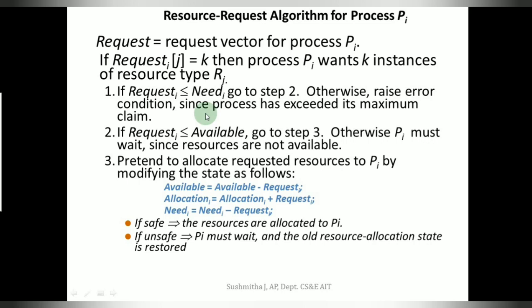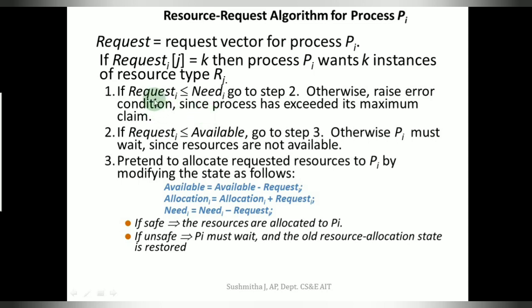When we started with the deadlock avoidance algorithm, we started with a thumb rule. What was the thumb rule? The process has to claim the resources prior to its execution. The process has to claim what resources and the number of resources it needs before it starts its execution.